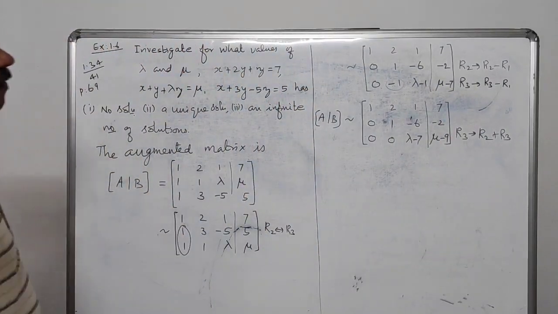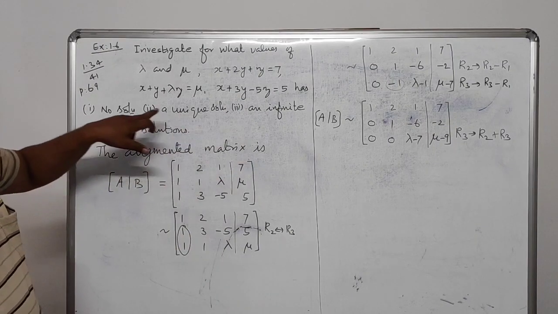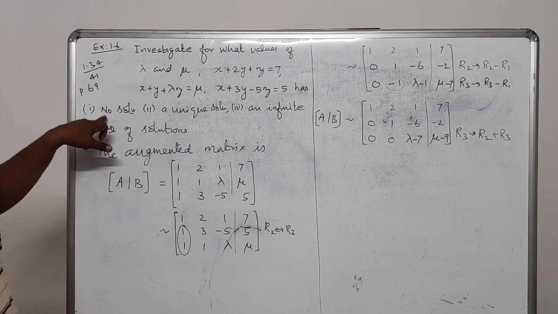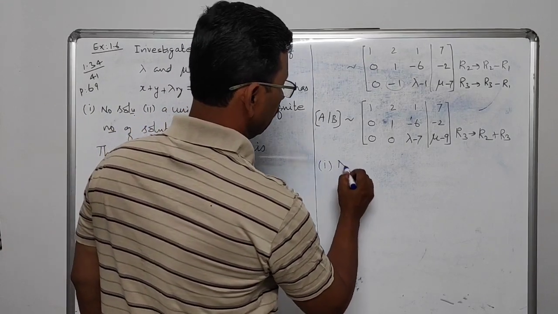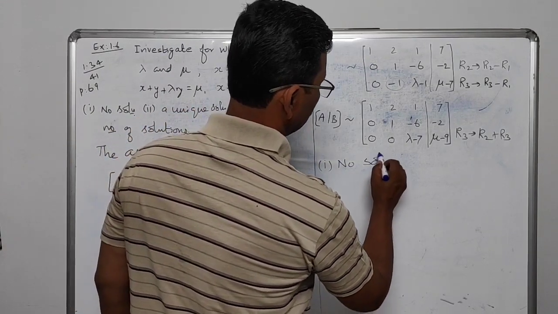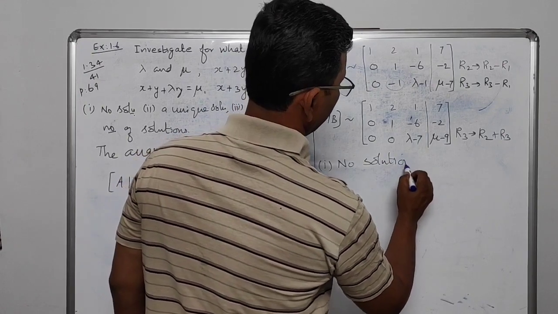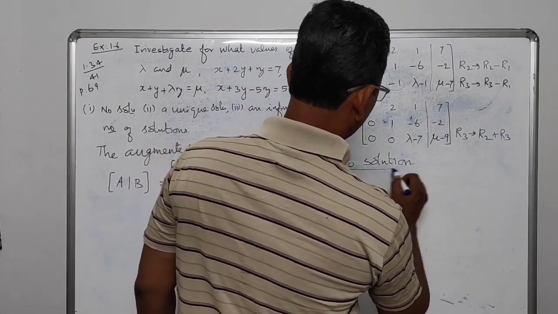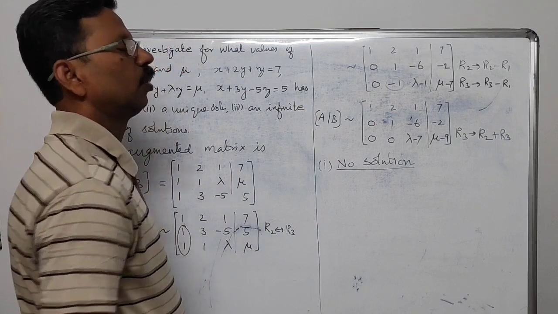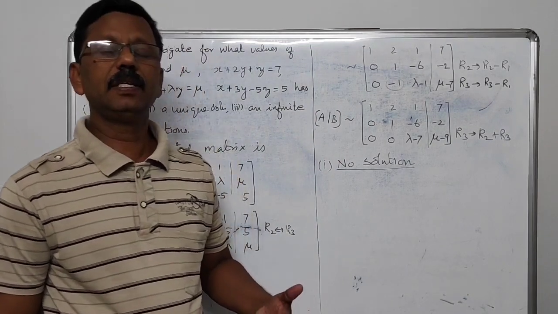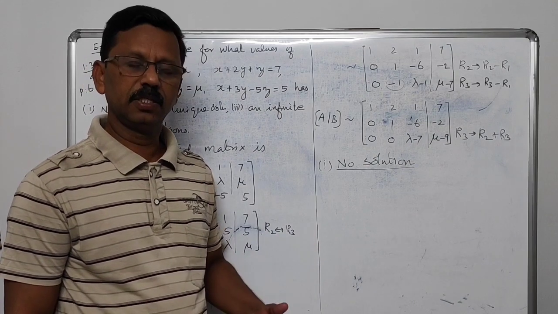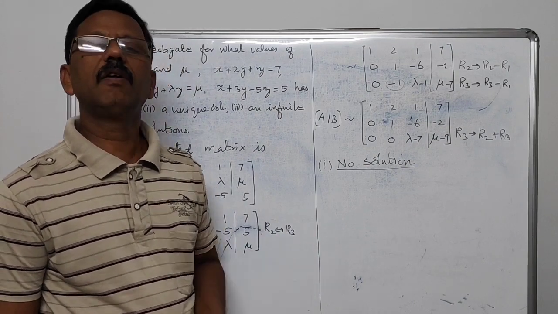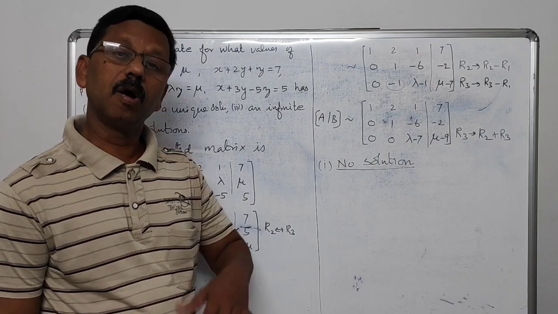Now after this we have to discuss when the system will have no solution. Therefore, the first subdivision you can write: no solution. Already I told you the system will have no solution only if it is inconsistent. We know the system is inconsistent only if the rank of A and the rank of [A, B] are not equal.